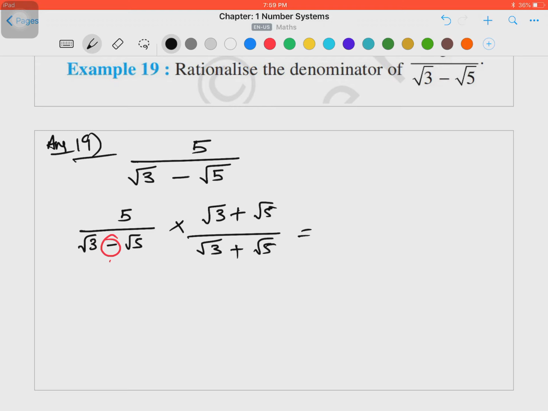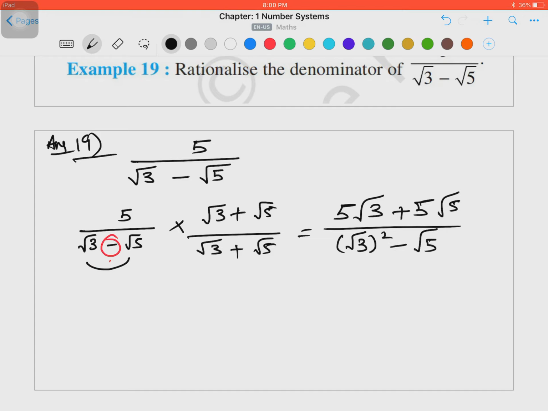So now we have to multiply the two numbers. 5 into root 3 is 5 root 3, plus 5 into root 5 is 5 root 5, divided by, again we apply the identity here, a minus b and a plus b will result in the square of the first term minus the square of the second term.